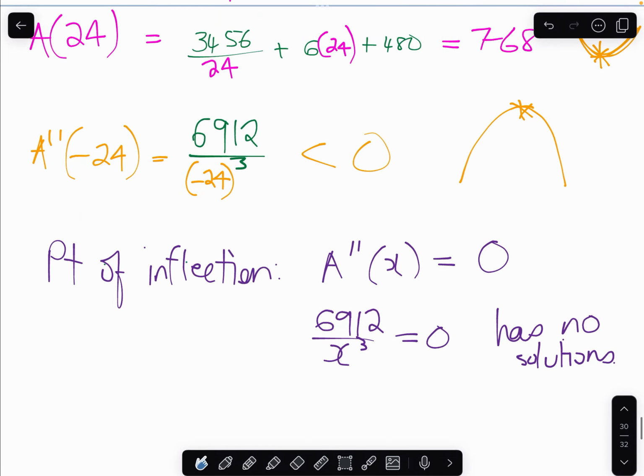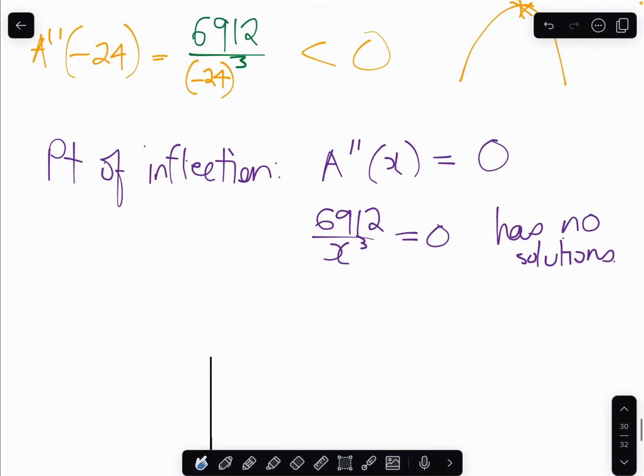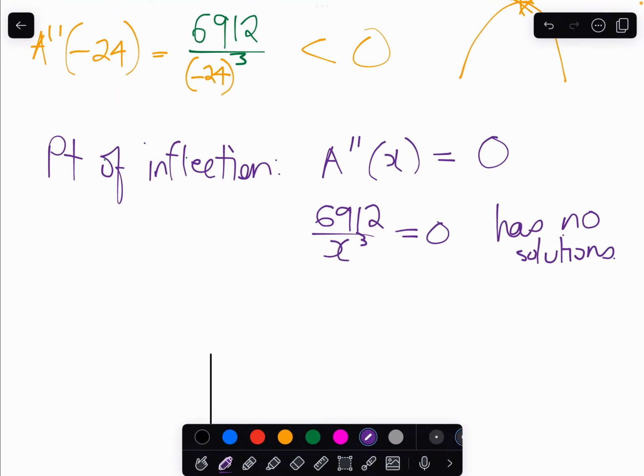Right, and just to make things very, very clear to ourselves, let's look at where the graph is concave down and where it is concave up. So this guy is negative, or 6912.